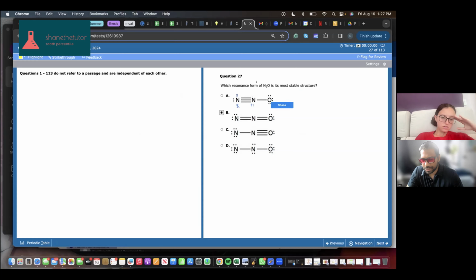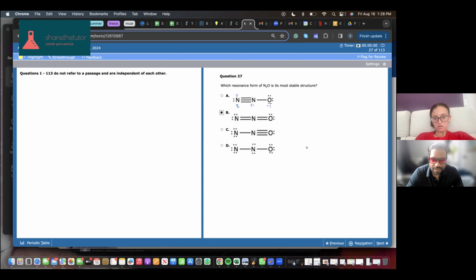Here for the oxygen, it's one, two, three, four, five, six, seven for the bond, so it gains an electron. That'll be negative one. If we do the same thing for B, we have one, two, three, four, five, six.